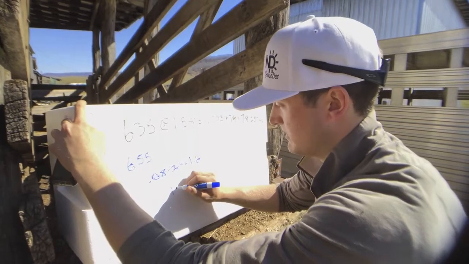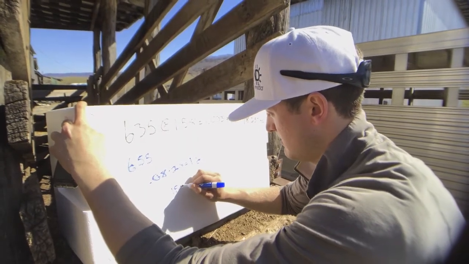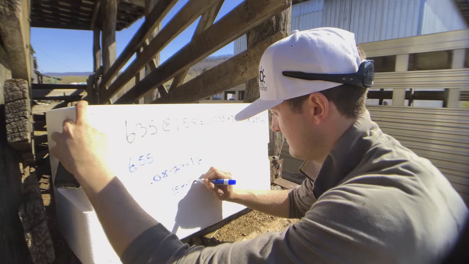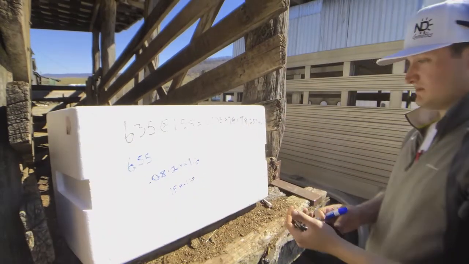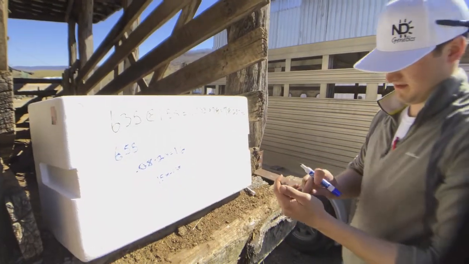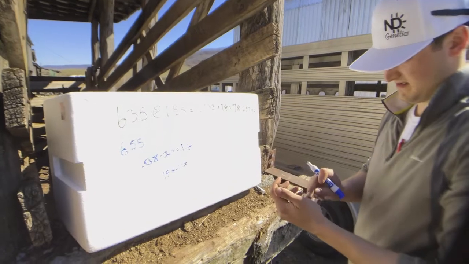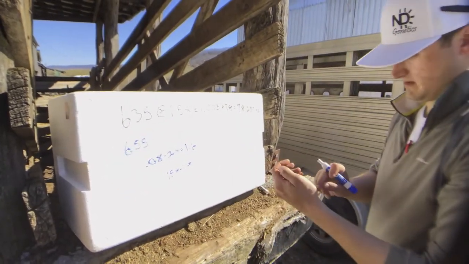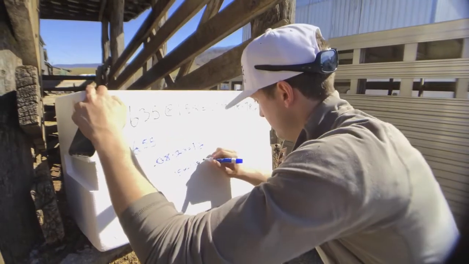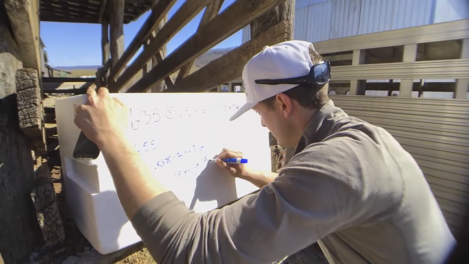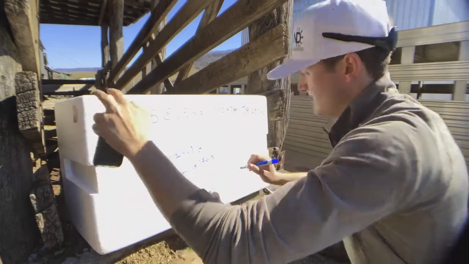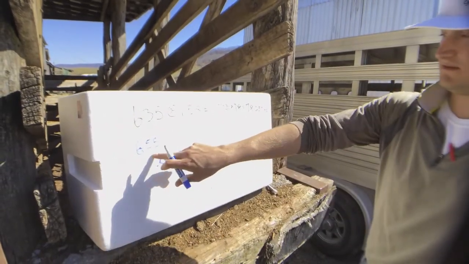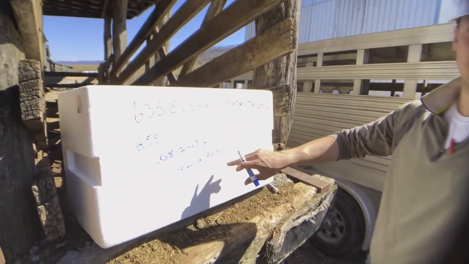Now this is going to come off the base price of $1.58, which I'm terrible with. It's $1.564. So your new price on the 655 steers comes to $1.564.